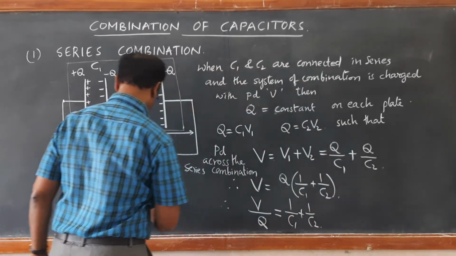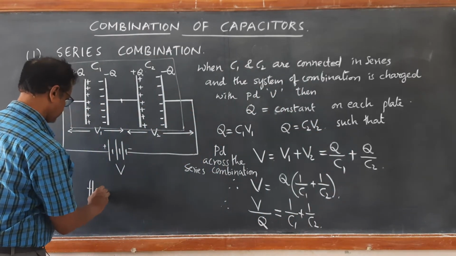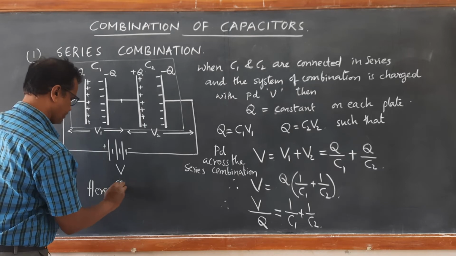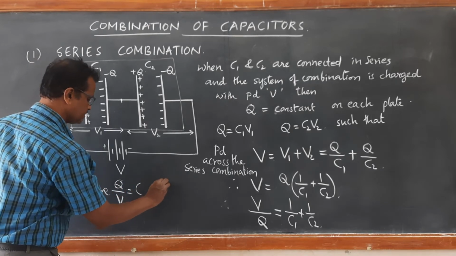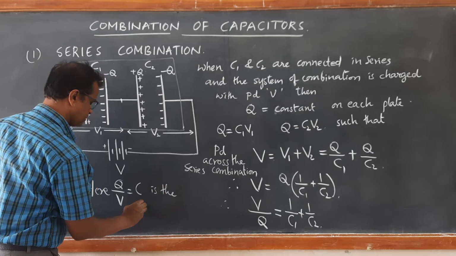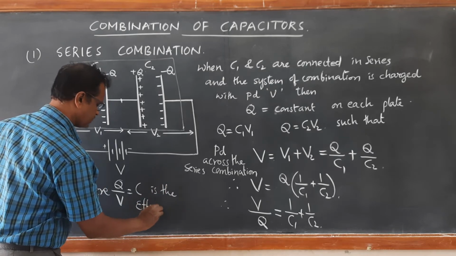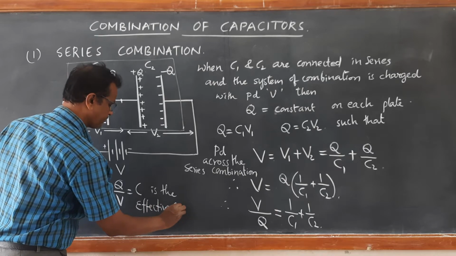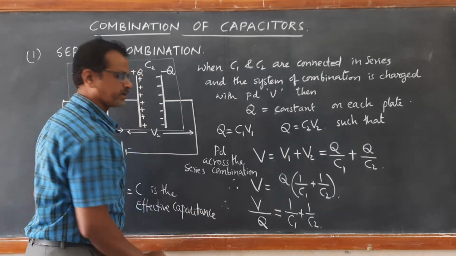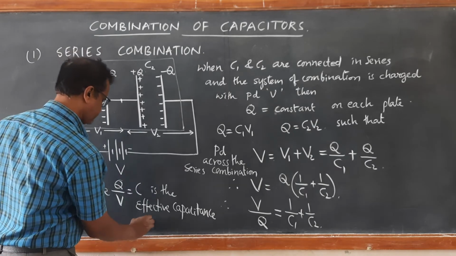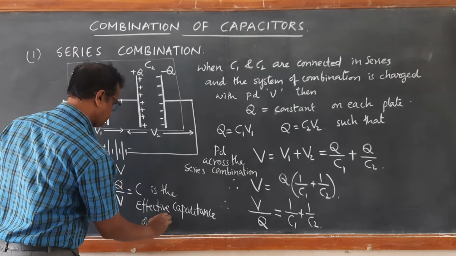Here, Q by V is equal to C, the effective capacitance of the combination.